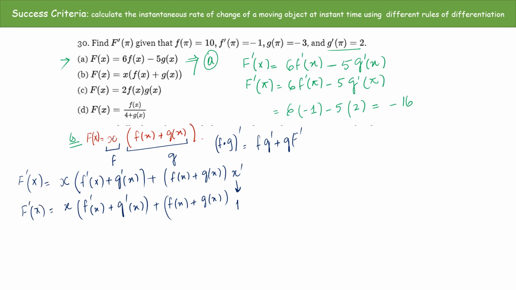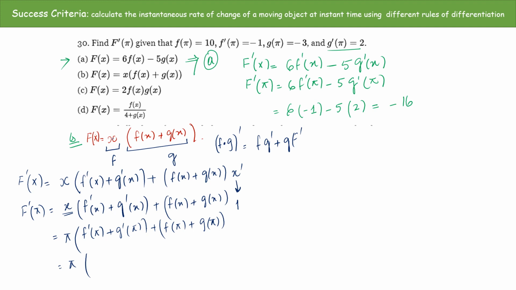All x means including this x. So yes, pi, f prime of pi plus g prime of pi plus f of pi plus g of pi. Anything multiplied by 1 is 1, so we are not writing the 1 again. So here we will write the pi as it is.